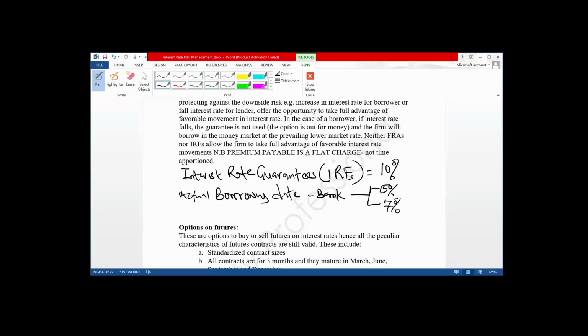You can now borrow at the prevailing rate of 7%. Unlike FRA, you can take advantage of lower interest rate in the market. But you are going to pay premium. For you to obtain the guarantee, a premium must be paid.